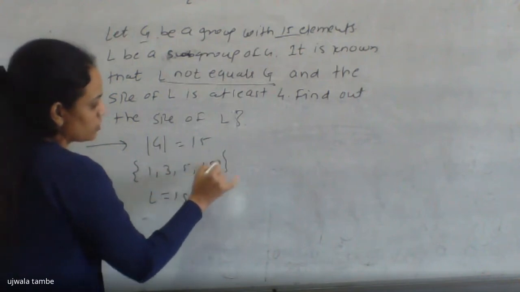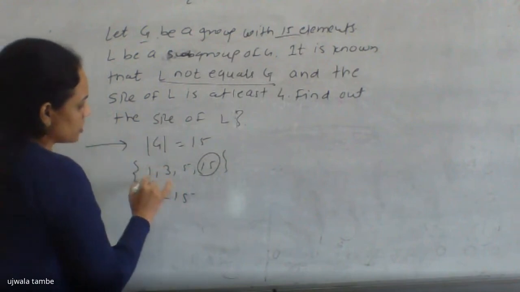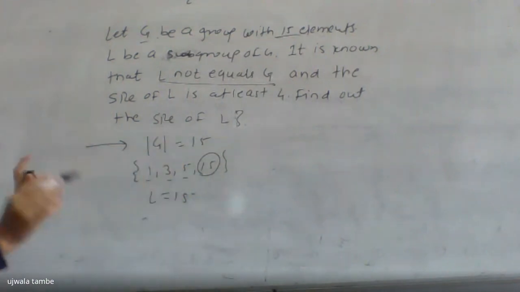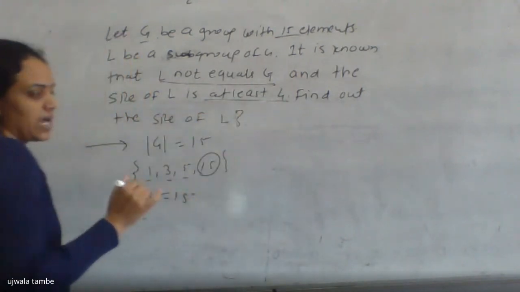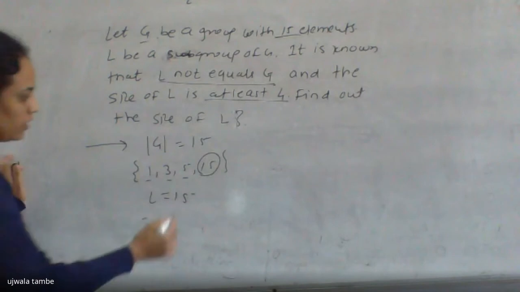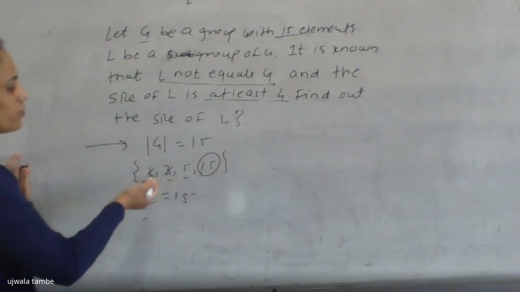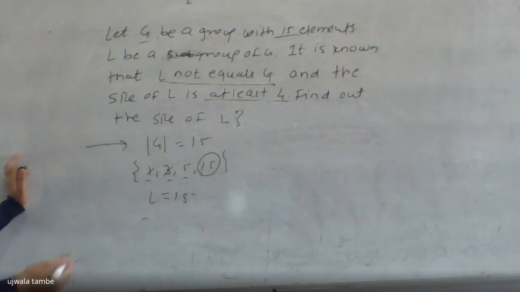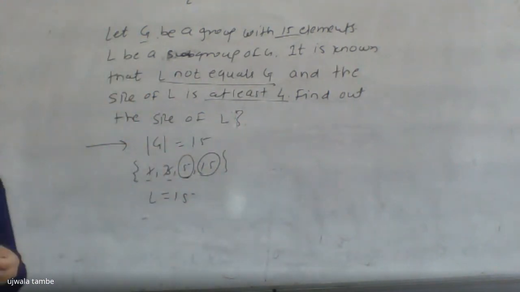So we do not consider 15 over here, right? After that, we have the choices 1, 3, 5. Then what is our next constraint? The size of L is at least 4, meaning 4 or more than 4, right? So 1 and 3 we are not considering because these are less than 4. That's why 5 is the right answer.